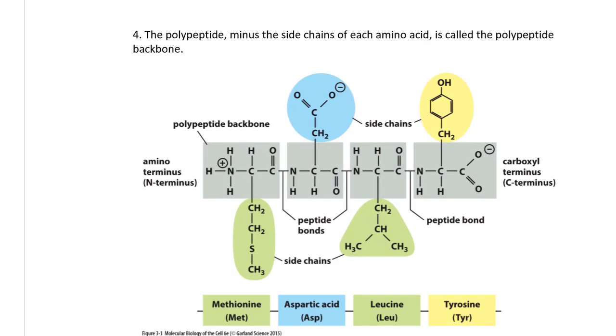So the polypeptide, and let's go ahead and define what this is. Sometimes the words polypeptide and protein are used interchangeably, and they can be, but sometimes a protein is not just one polypeptide. So what is a polypeptide?